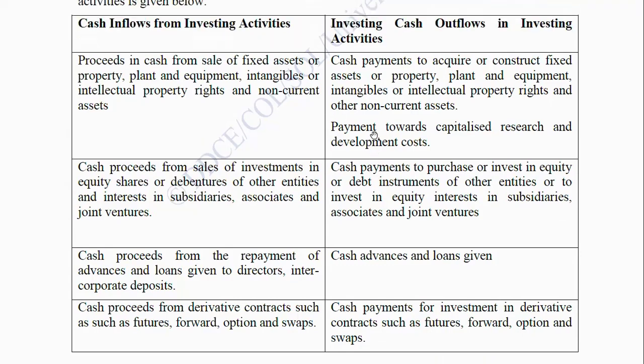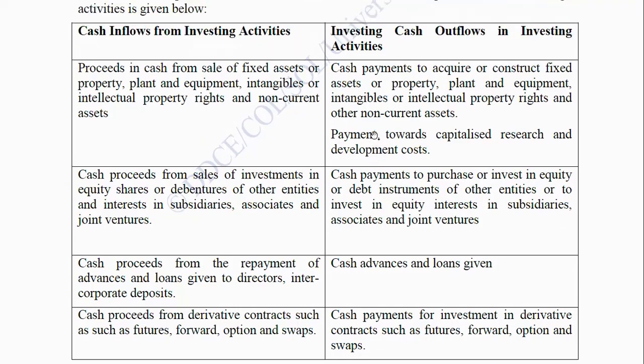Cash outflows in investing activities. Cash payments to acquire or construct fixed asset or property, plant and equipment, intangibles, intellectual property rights and other non-current assets. Payment towards capitalized research and development costs.